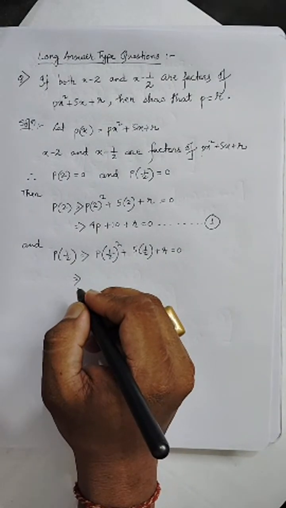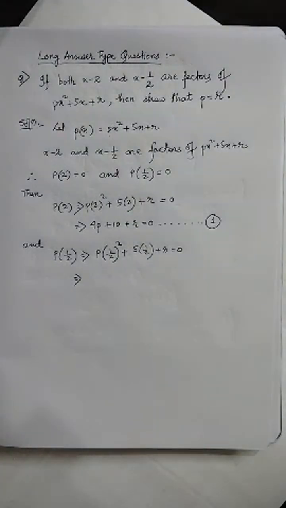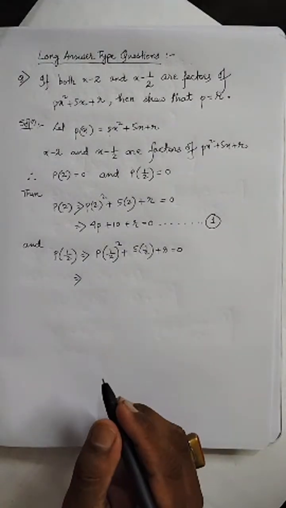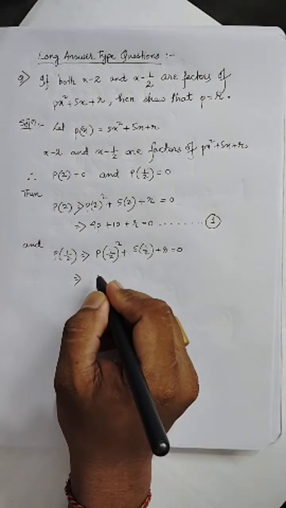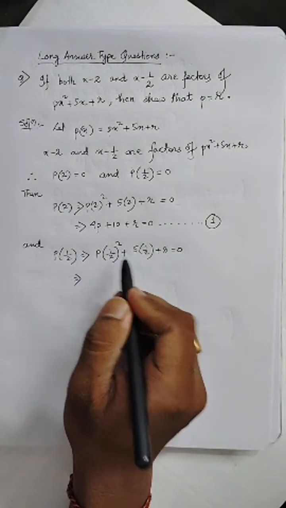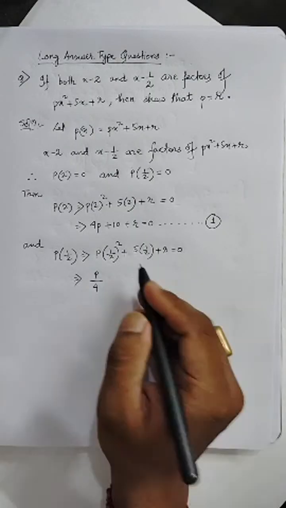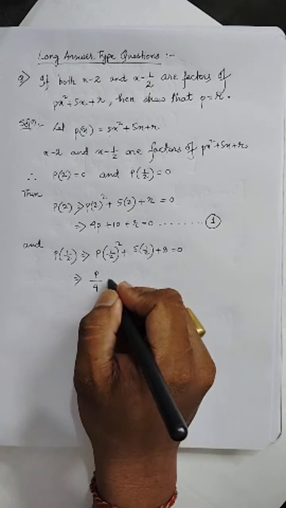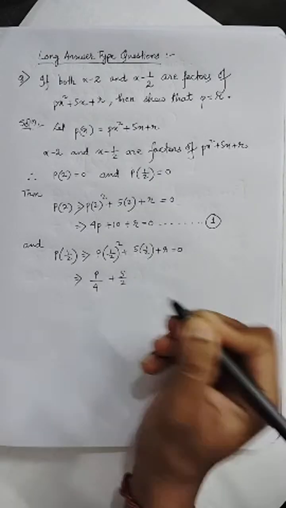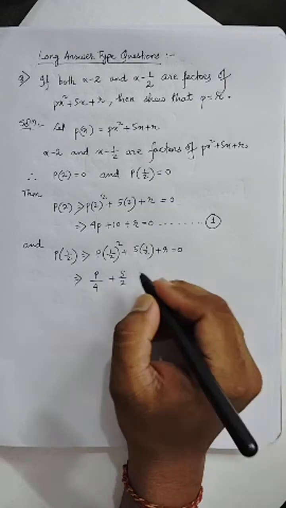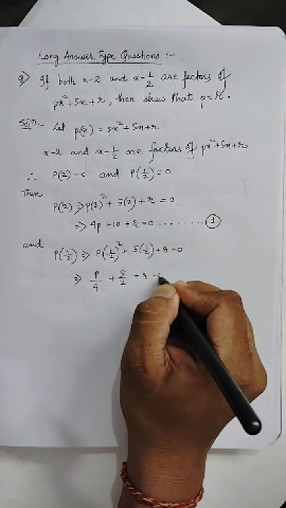So 1 by 2 whole square is 1 by 4. So this is p into 1 by 4. So we can write it as p by 4 if we want. And then 5 into half is how much? 5 by 2. And this is plus r equals to 0.